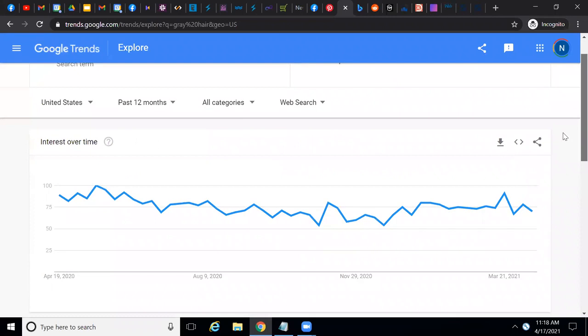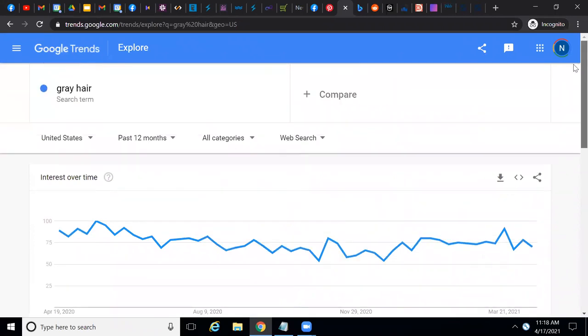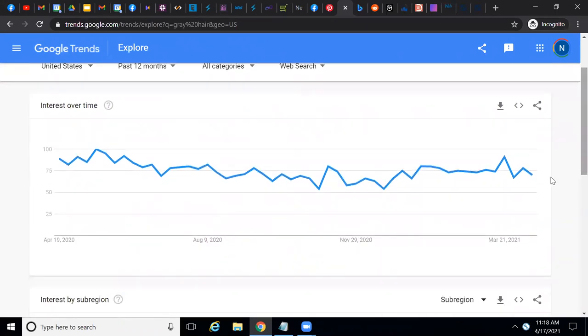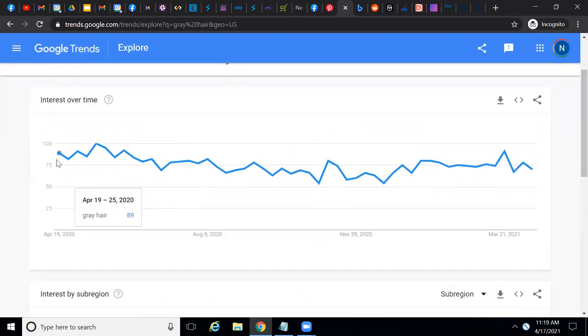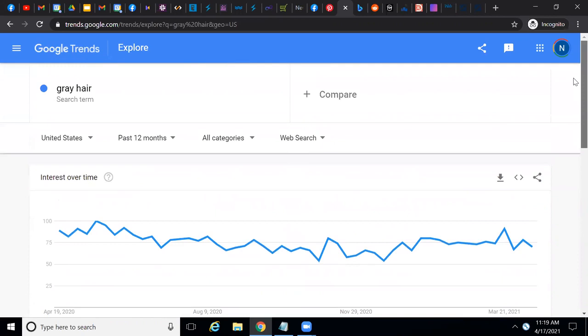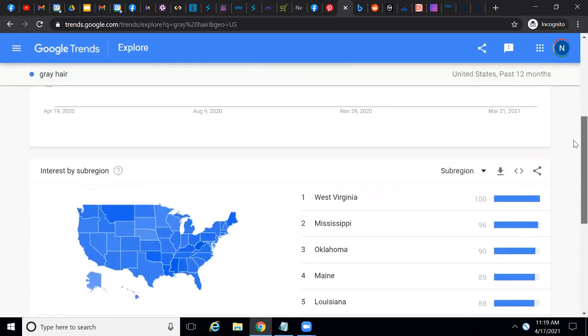So I forget, this is by what? What this number is by. Okay, so the past 12 months, the searches for it have started to go down. They were up and it started to go down. I forget what this 100 is. I don't know if this is the number. I got to go back and look that up again.